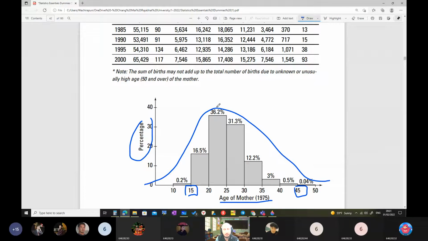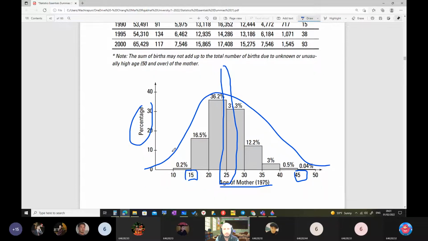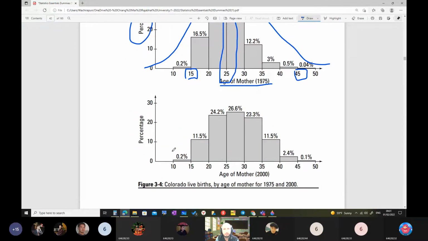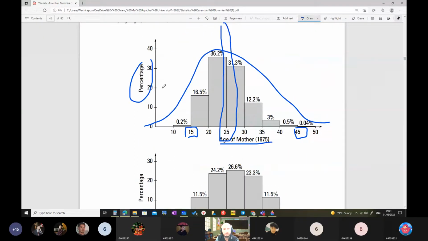Most mothers, you see, with our eyes, we can see most mothers are around this age, right? This is when they have babies. Okay, percent. High, okay, 36% here.